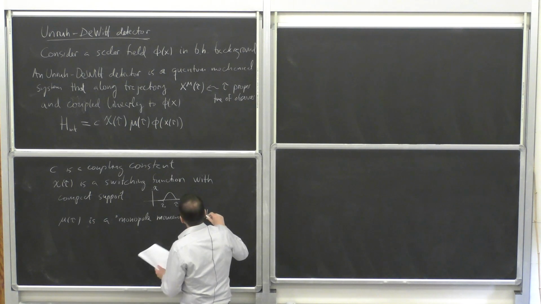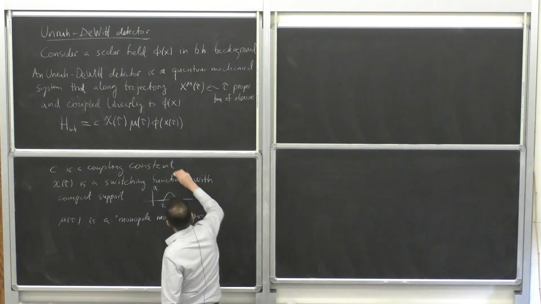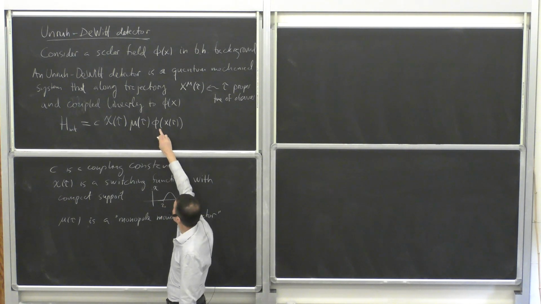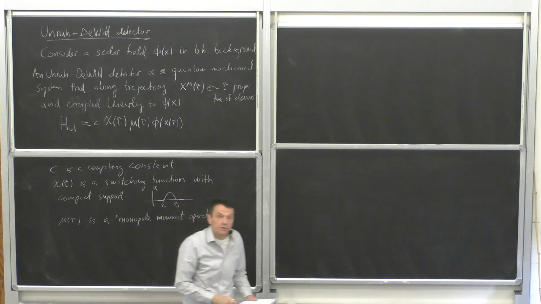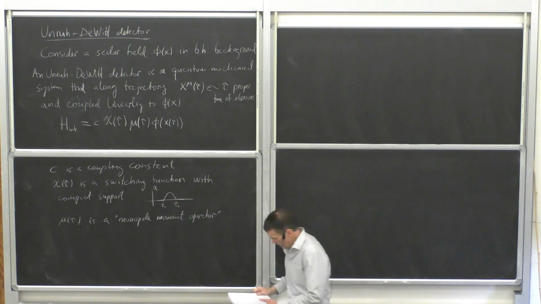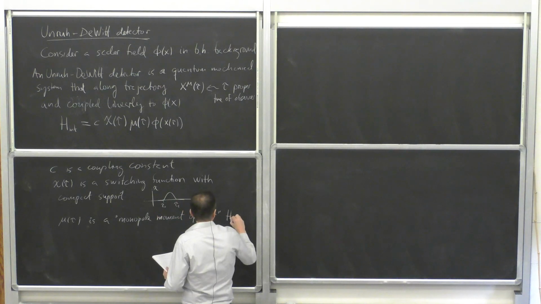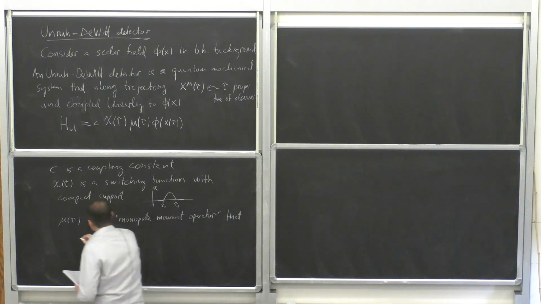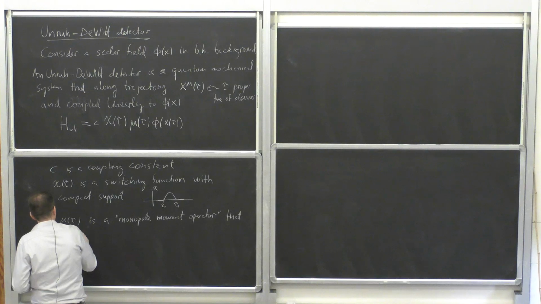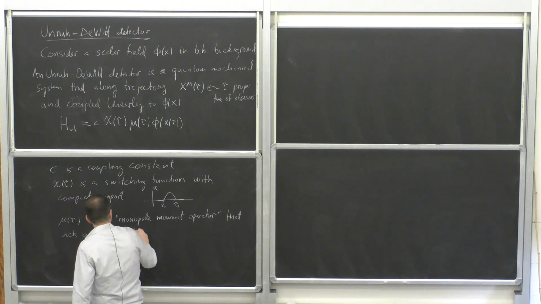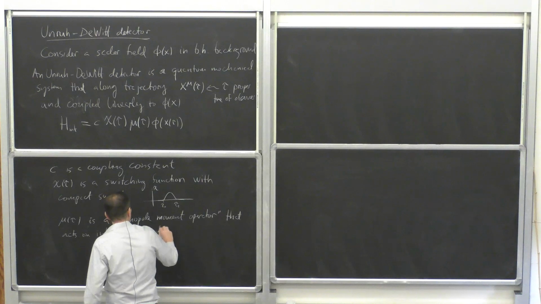You can imagine other ways of coupling. You could have a derivative coupling here, and actually in two-dimensional systems you probably would prefer a derivatively coupled detector, but this operator acts on internal states of the detector.